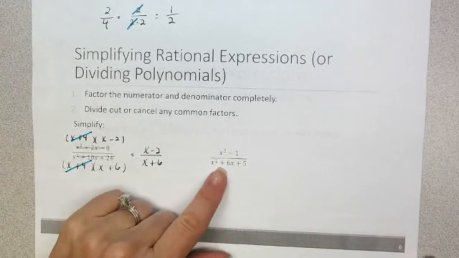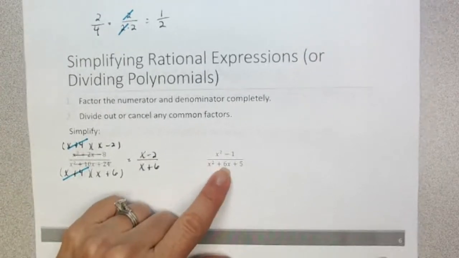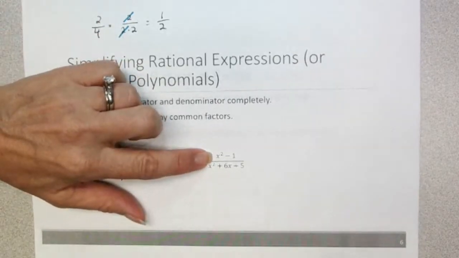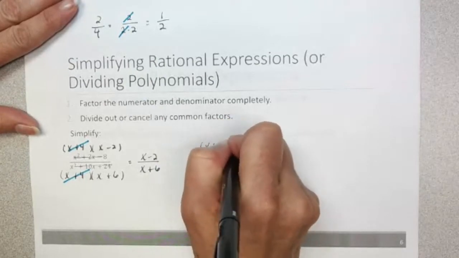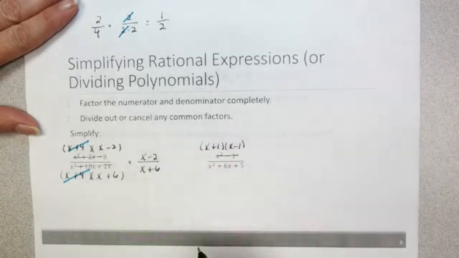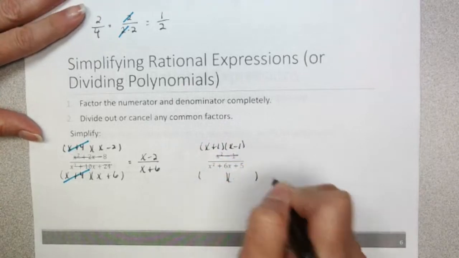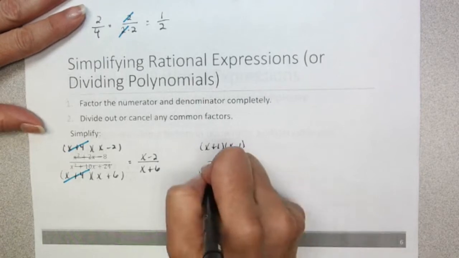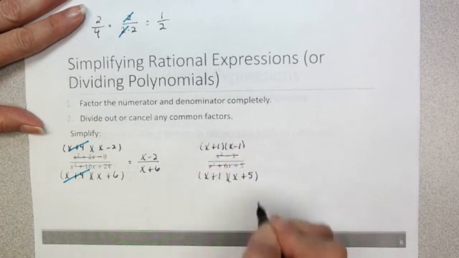All right, look at the second example here. This rational expression has a binomial in the numerator and a trinomial in the denominator, but this binomial is a difference of squares, right? So it'll factor into x plus 1 times x minus 1, and that denominator will factor into x plus 1 times x plus 5.